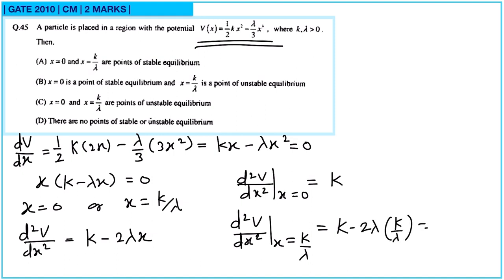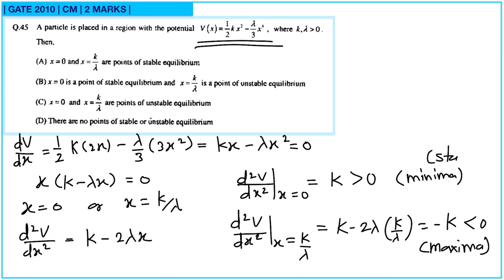So k minus 2k, which is minus k. Now this is greater than 0 and this is less than 0. So that means this is minima and this is maxima. Minima means stable equilibrium, and maxima means unstable equilibrium. So when x is 0, it is stable equilibrium, and x equal to k by lambda is unstable equilibrium. So option B is correct.